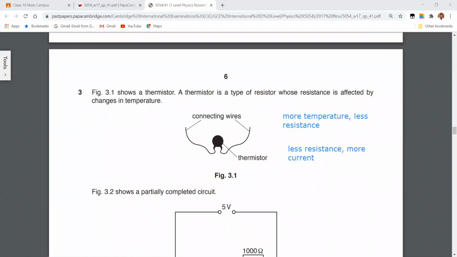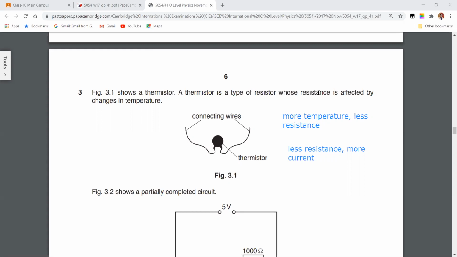So less resistance means more current, and if you combine these two ideas, we can say that if there is more temperature in the thermistor, then there is more current in the circuit. Can you conclude it?